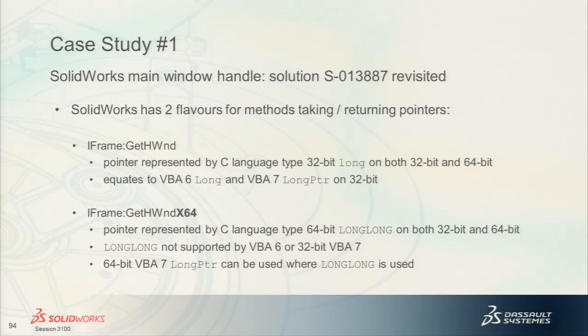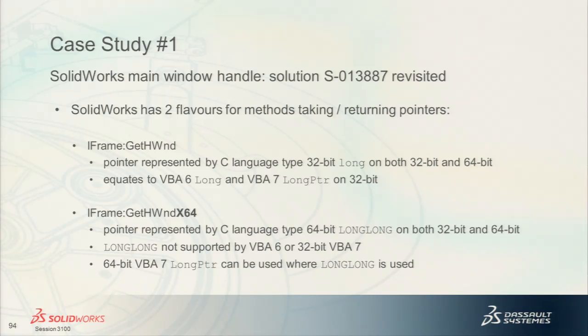Okay, so let's revisit this solution and have another look at this. Why did we do it the way we did it? In SolidWorks, there are quite a few places where we return real pointers, so not COM objects, but real pointers, and we adorn them with these x64 postfixes. This is just a warning sign: okay, careful.